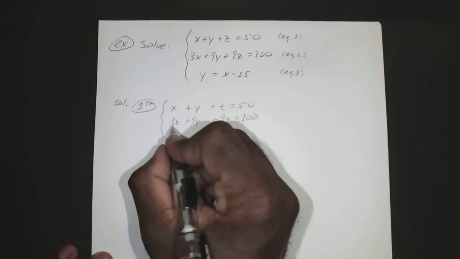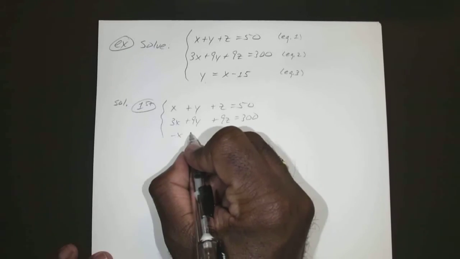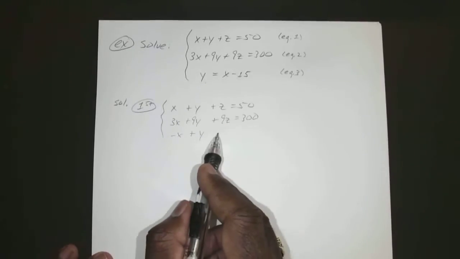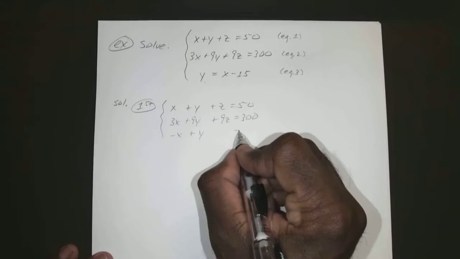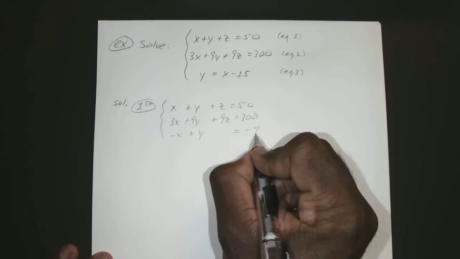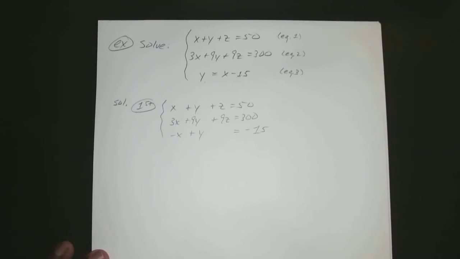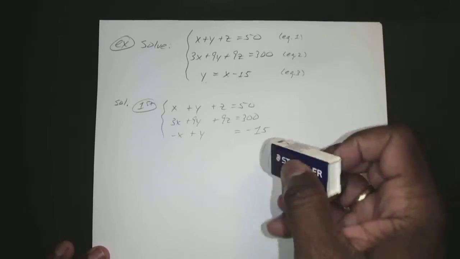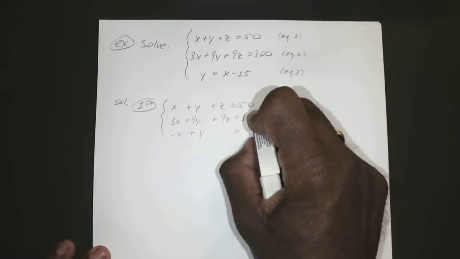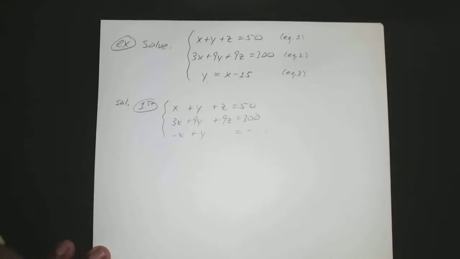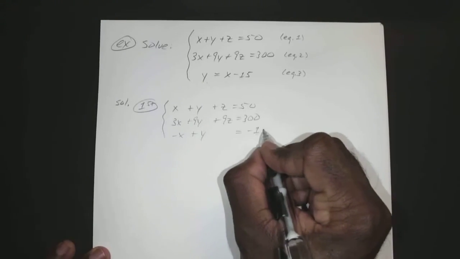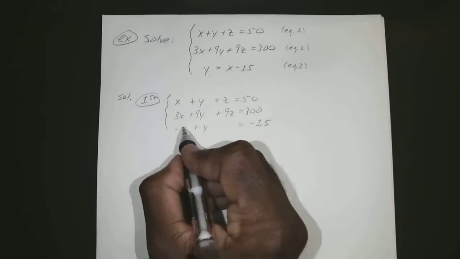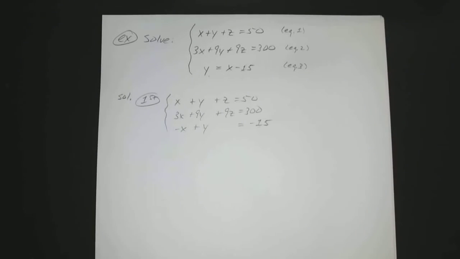If we subtract x from both sides, we have negative x plus y. We don't have a z variable there, and that gives us a little bit less work to do. Whenever you have a missing variable, believe it or not, it makes it a whole lot easier.